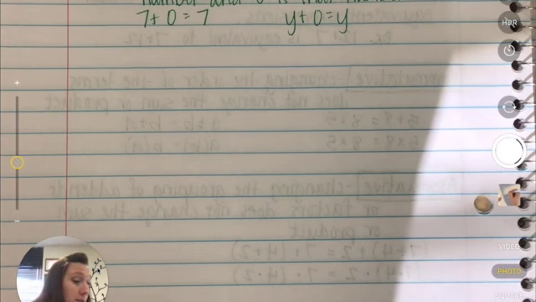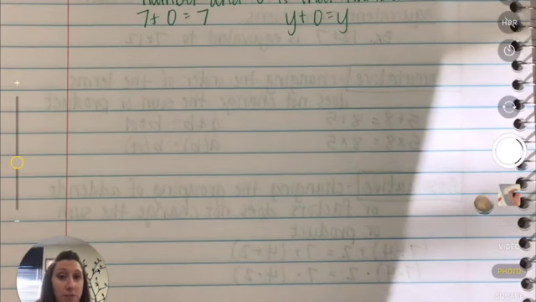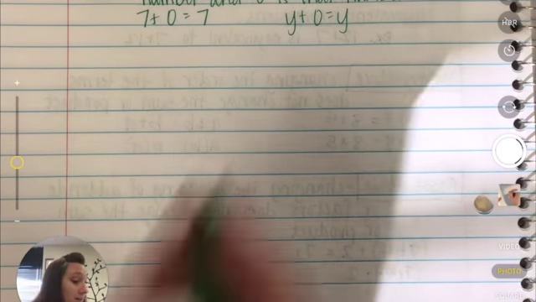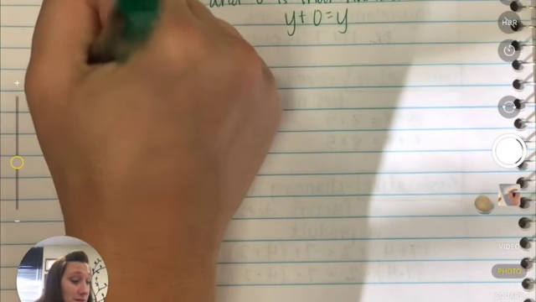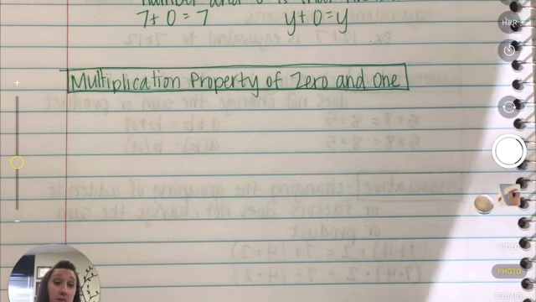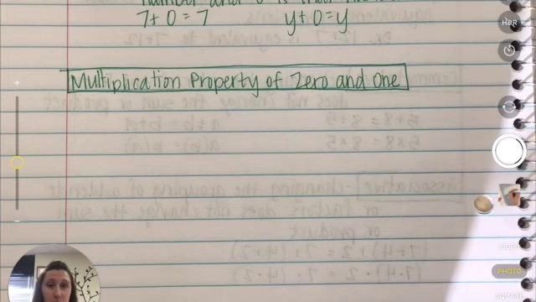You're going to need to know it for when you get a little bit further into algebra. So that's why we introduce it now. Same thing with the multiplication property of 0 and 1. You guys already know about this property, but now it has a name.